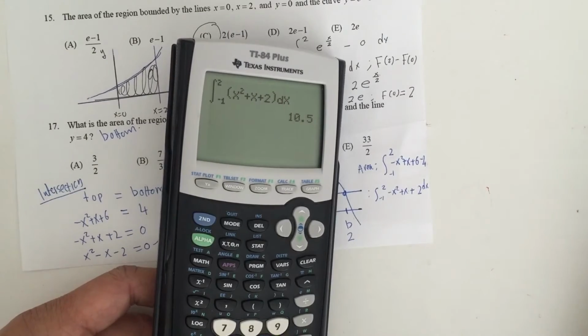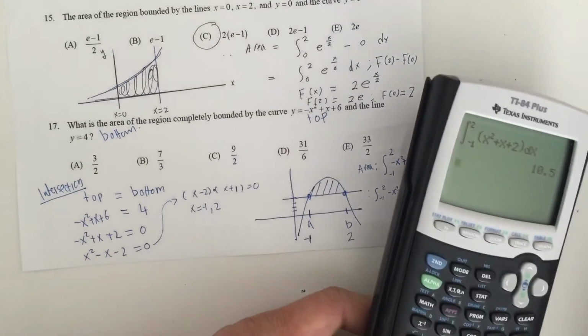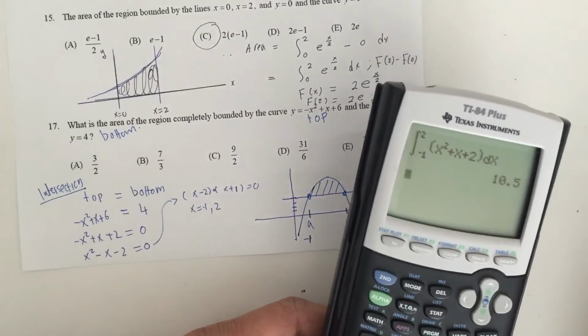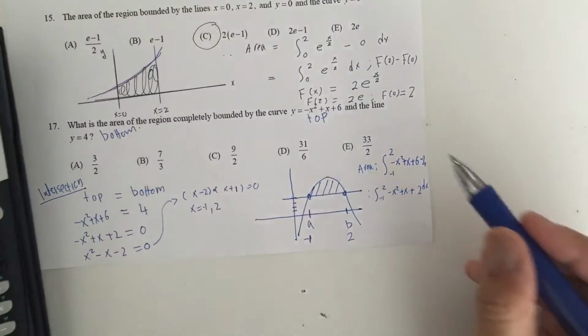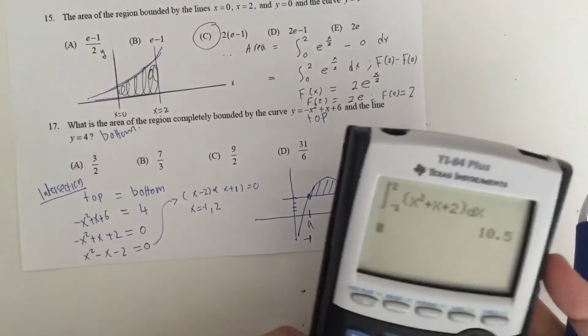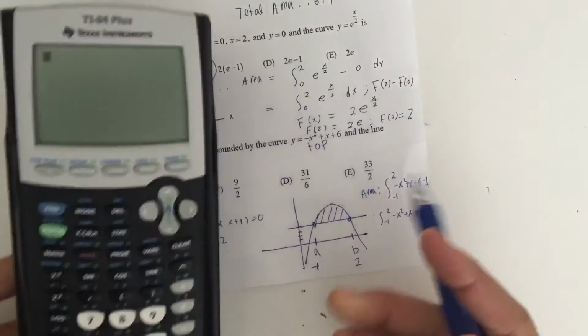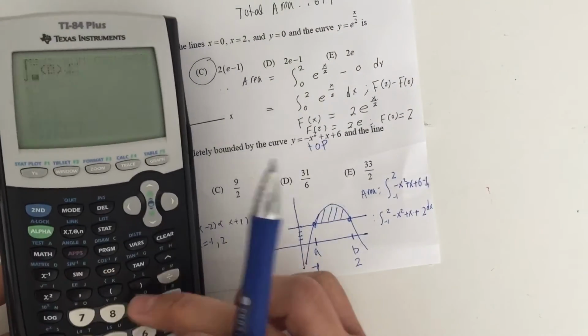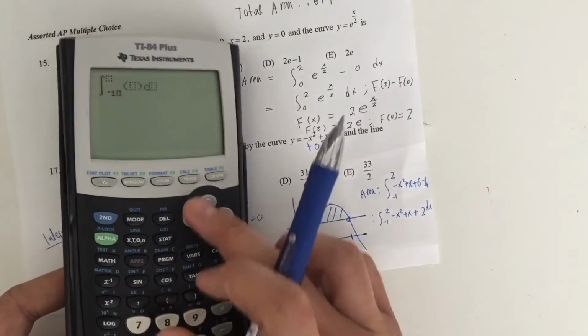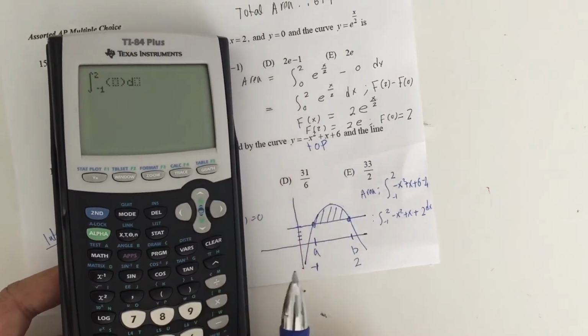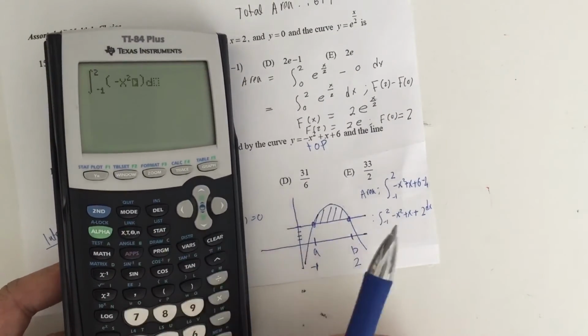Which of the following items equals 10.5? Well, it does not seem like any one of them equals 10.5, but I could be wrong, so let's try it again.